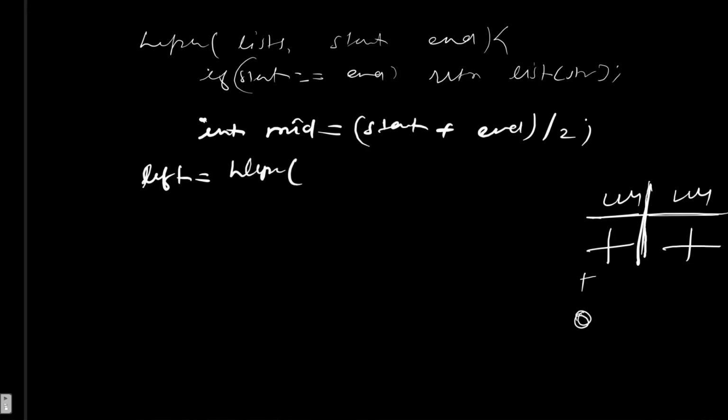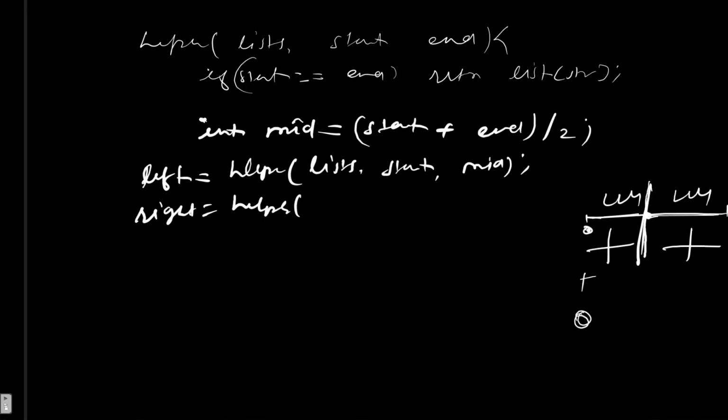So this is going to call helper with lists, and the starting point is going to be the start that we have already sent, and the ending point is going to be mid. Then we'll be calling for the right part. For the right part, the start is going to be mid plus 1 and the end is going to be end. So we'll be calling helper with lists, mid plus 1 and end.